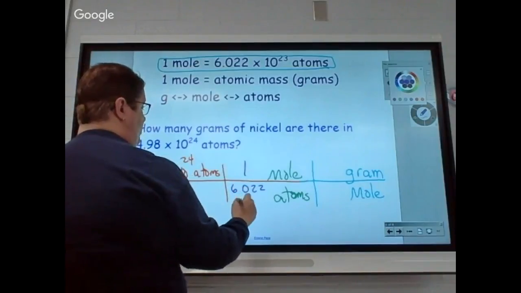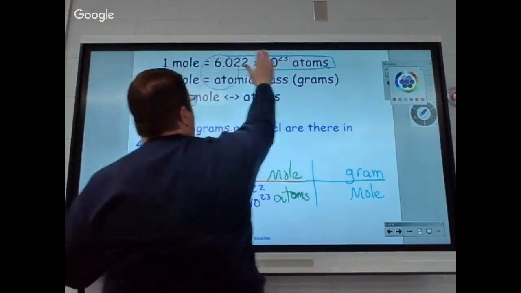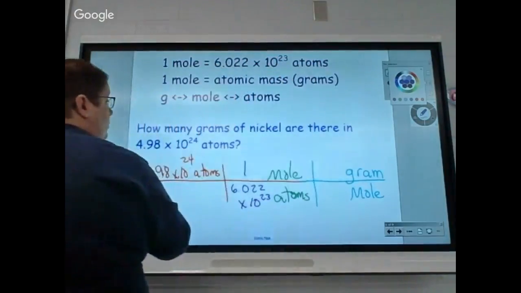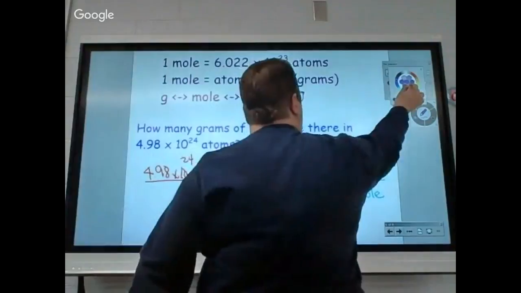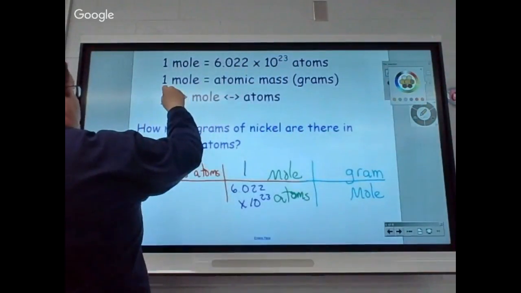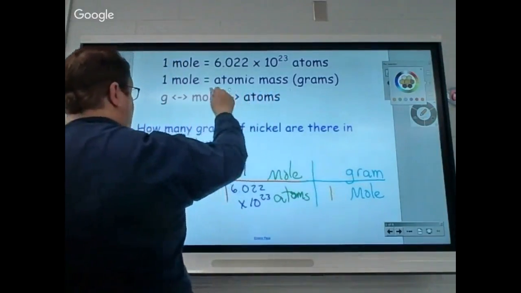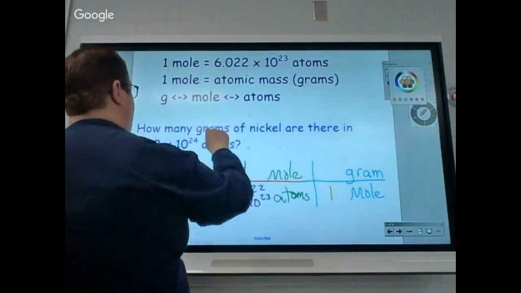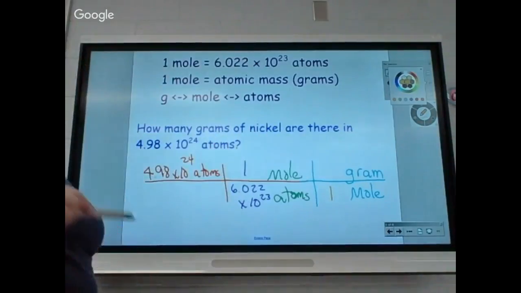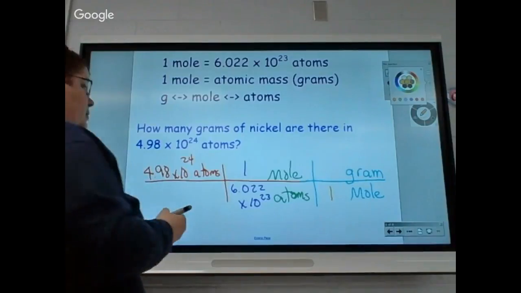So Avogadro's number goes here, next to atoms. Now, mole and gram has what number? Mole has a what? And gram has a what? It has atomic mass. Well, what element is in the question? So when you look up there for nickel, nickel has what mass up there? 50 what?